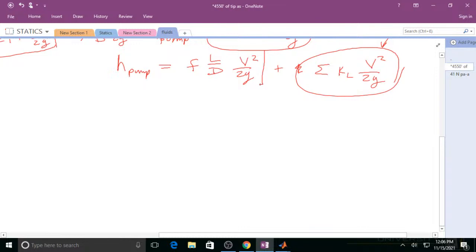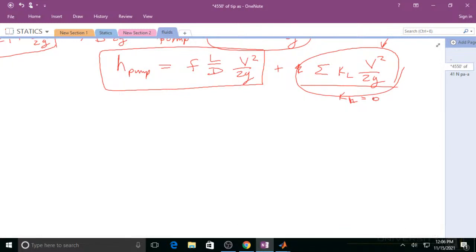So to offset, for this particular case, I have no K_Ls, K_L equals 0. If I did have some K_Ls, I'm going to just say for right now they're 0. So I have length of 230, diameter equal to 1/12 foot, g equal to 32.2, or 174.